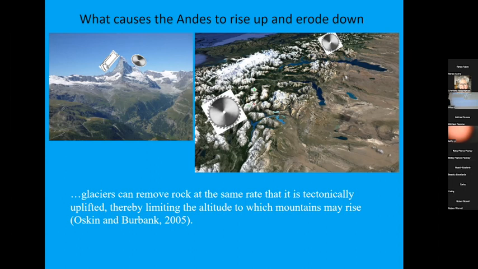So I'll talk more about that today as well. And the slide on the right is Patagonia, and it's one of the key areas that people discuss when they discuss the buzzsaw. The Andes in South America, in Patagonia, are one of the key sites.